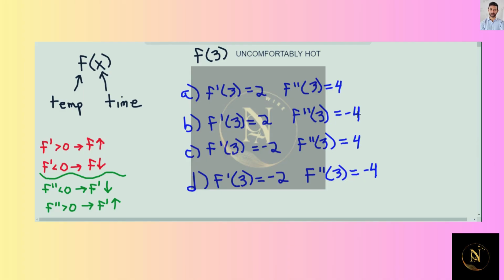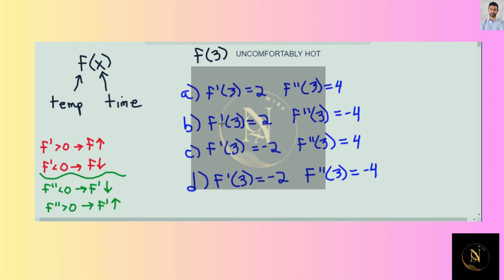Now the second derivative is negative. The second derivative being negative means F prime is starting to decrease. So even though the first derivative is 2, meaning the rate at which the temperature is going to increase with respect to time is 2, the second derivative being negative means that F prime is going to be decreasing.